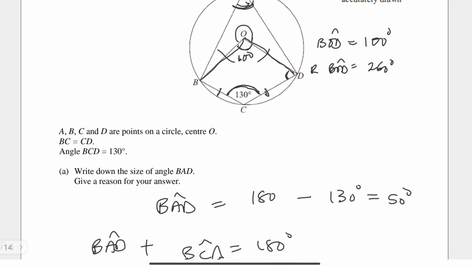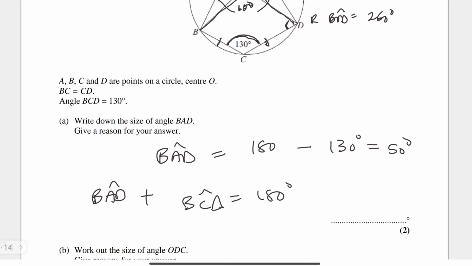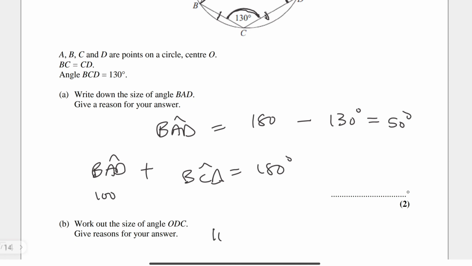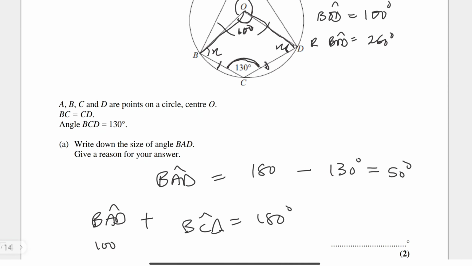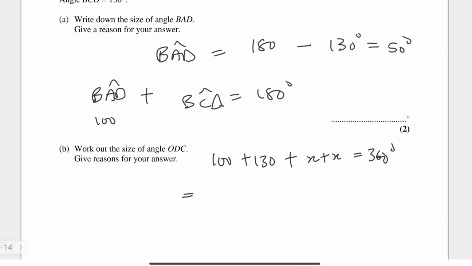So since I know that this is 100 and this is 130, then it implies that 100 plus 130 plus, let me label this x, this will be the same as x. x plus x is equal to 360 degrees, sum of angles in a quadrilateral. So that implies that 230 degrees plus 2x equals 360 degrees.